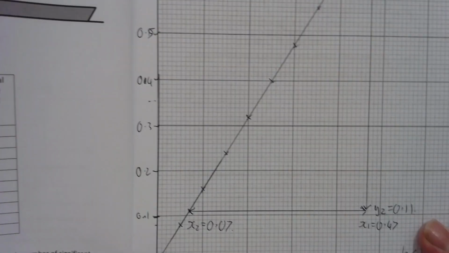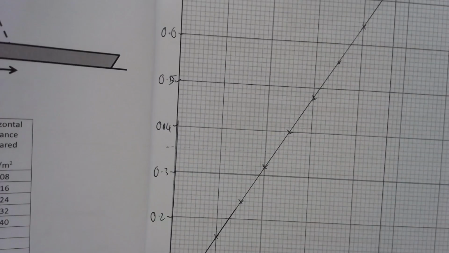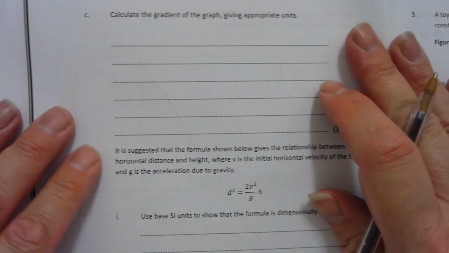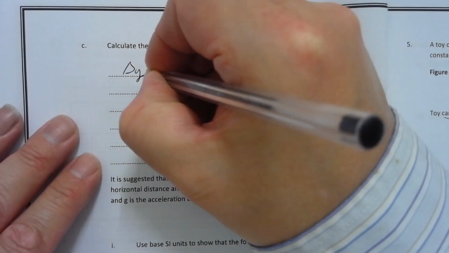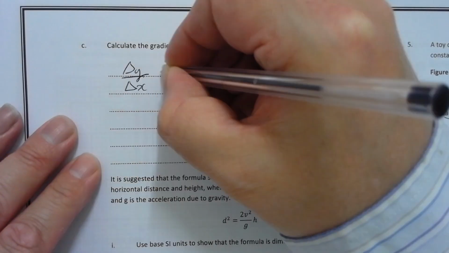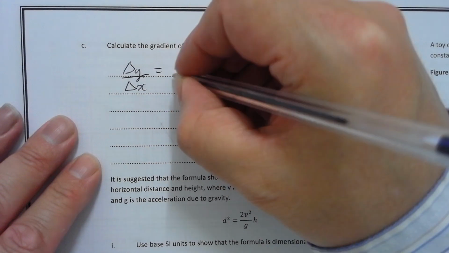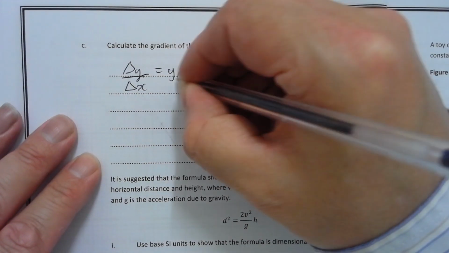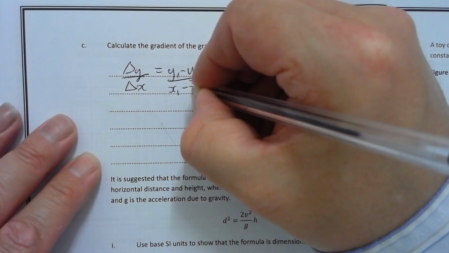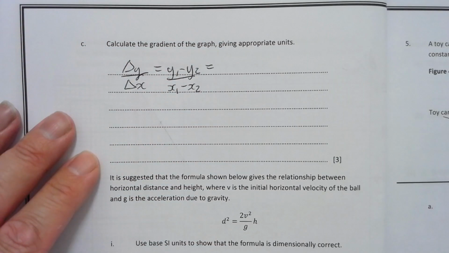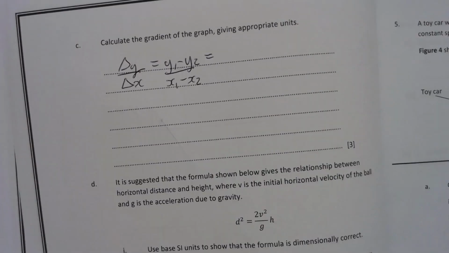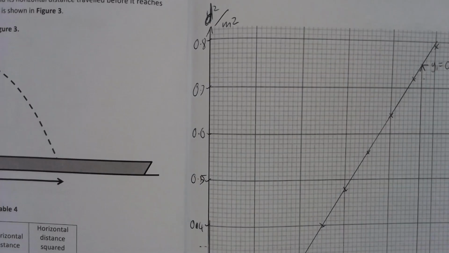Now I want to put that into my gradient calculation. I know that my gradient is delta y over delta x, which is equal to (y1 minus y2) over (x1 minus x2). If you get the x1 and x2 mixed up, it doesn't matter as long as you're consistent. So y1 is 0.75, y2 is 0.11.